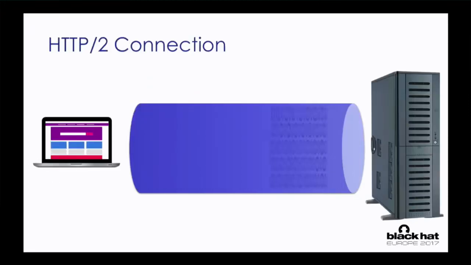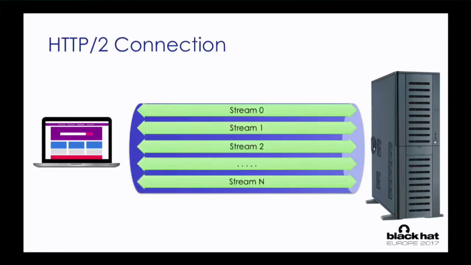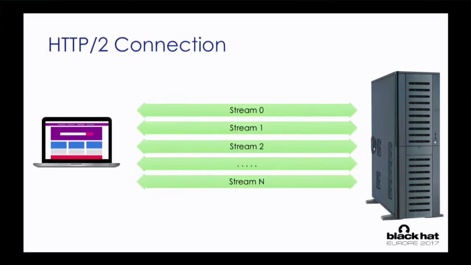Okay, so we have a single TCP connection in which the data flows, and that connection is divided into logical conversations, or we can group it into some kind of conversations called streams. These streams are numbered going from 0 and up, where, according to the RFC, even-numbered streams are initiated by the server, and odd-numbered streams are initiated by the client.